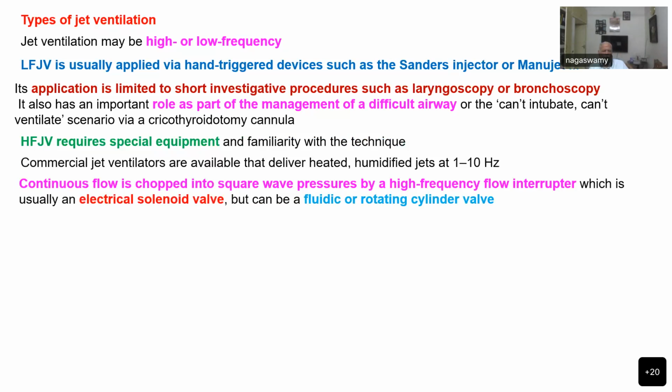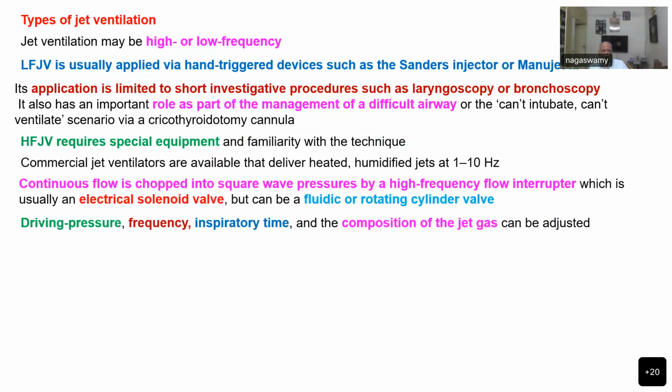So this is the mechanism by which the high frequency ventilation is created. So the factors which can be adjusted are driving pressure, frequency, inspiration time, and composition of jet gas. So what are the indications for jet ventilation?